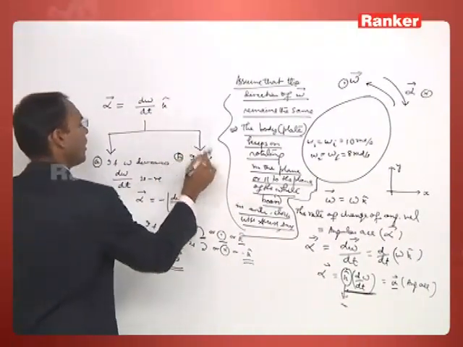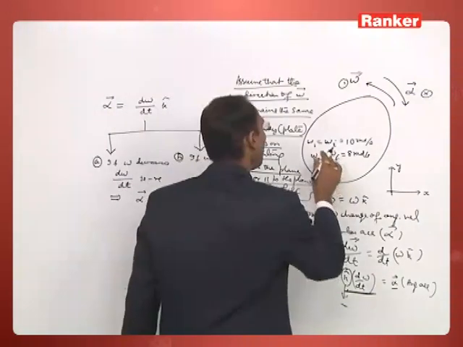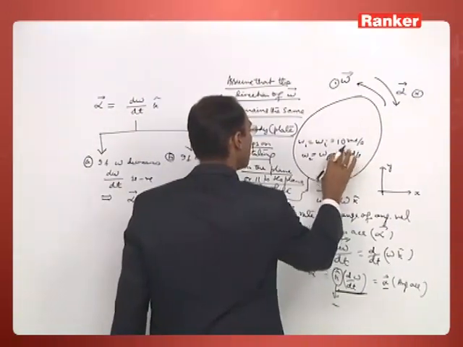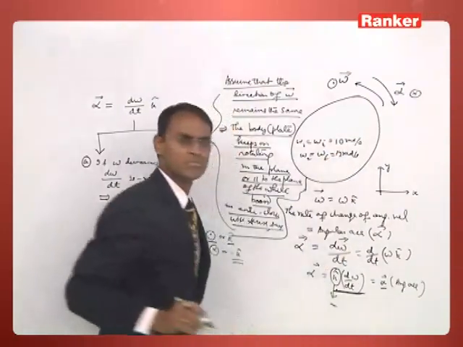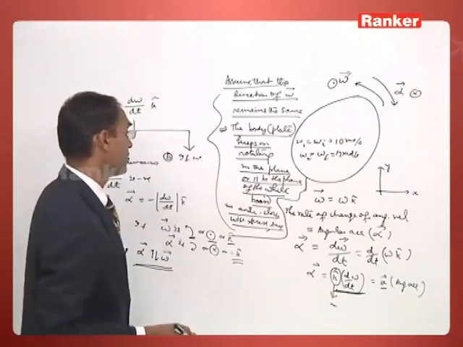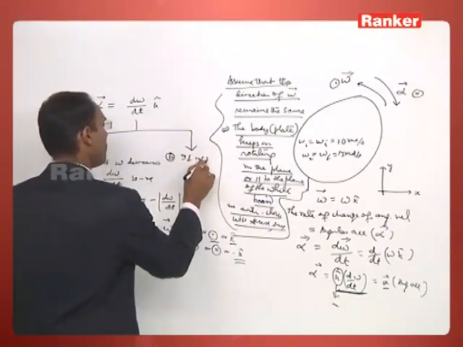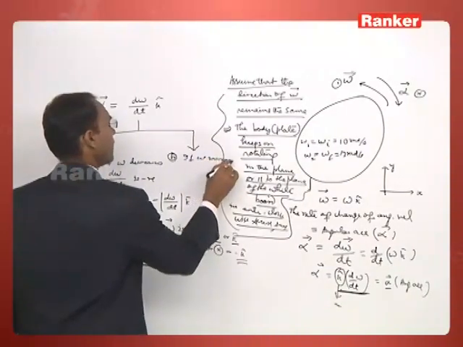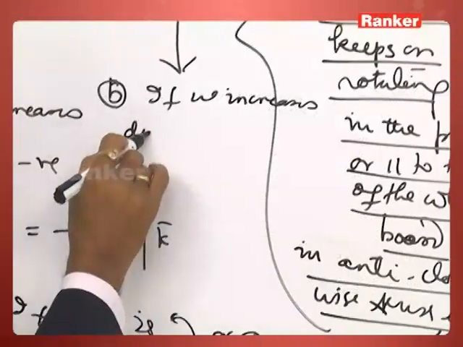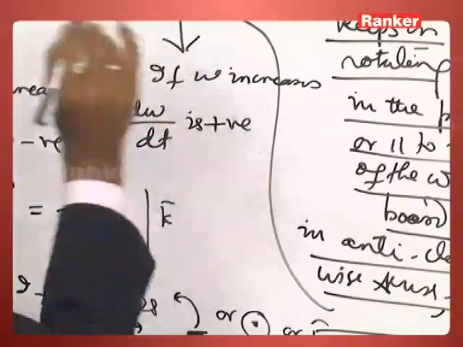If the angular speed increases, suppose initial angular speed is 10 and the final angular speed is 12 after a few seconds. Then the angular speed increases. If omega increases, d omega by dt is positive.